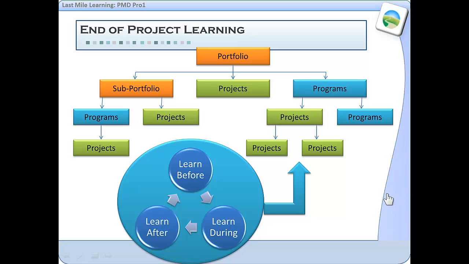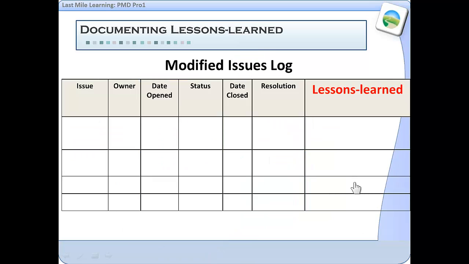And finally, remember that learning could actually be a principle, and we have discussed that maybe in future editions of PMD Pro we'll add learning, but it's extremely important that you have learning that takes place throughout not just the projects, but the programs, the portfolios, and the whole organizational structure. So there needs to be learning before, learning during, and learning after. And that learning needs to be something that is responded to.